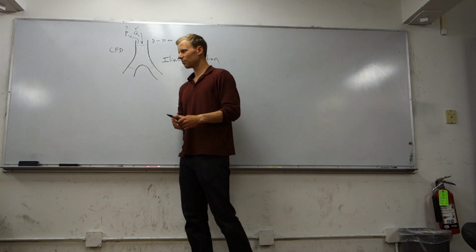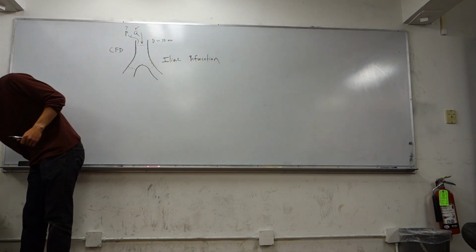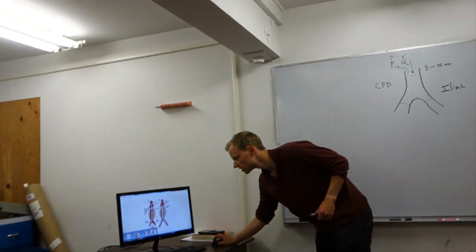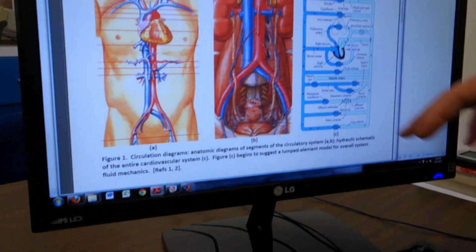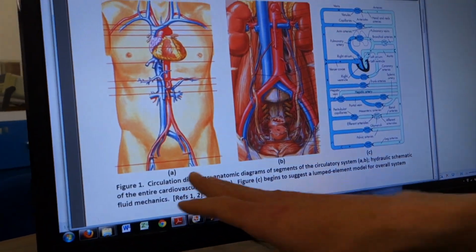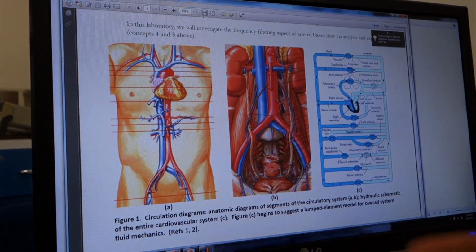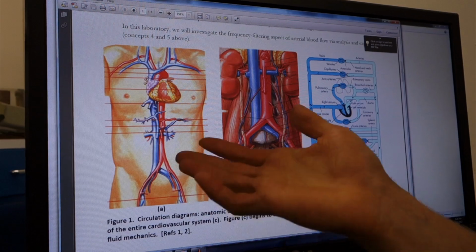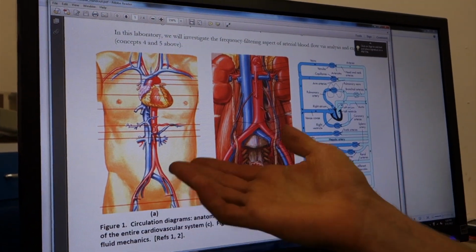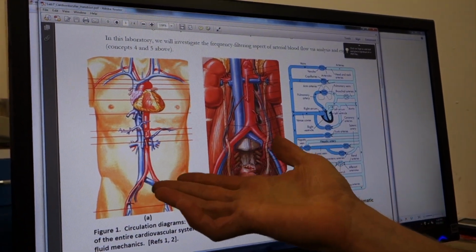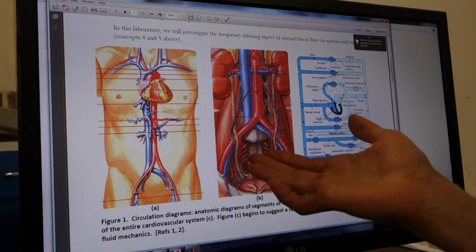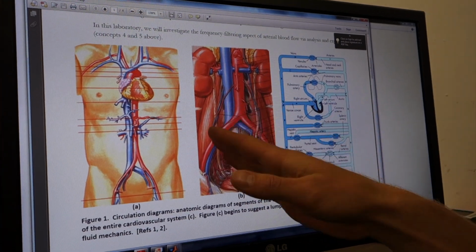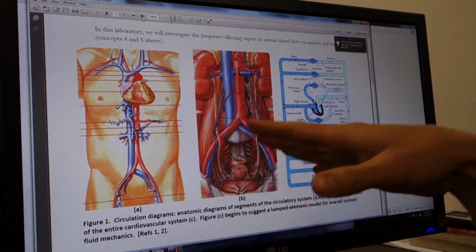So on the computer screen, we have a comparison of different ways of looking at the whole cardiovascular system. On the left, you'll see a biological approach where you would draw out the different networking pipes and the branching pipes, and you could go into more depth and look at every single pipe and try to understand the flow through each one.